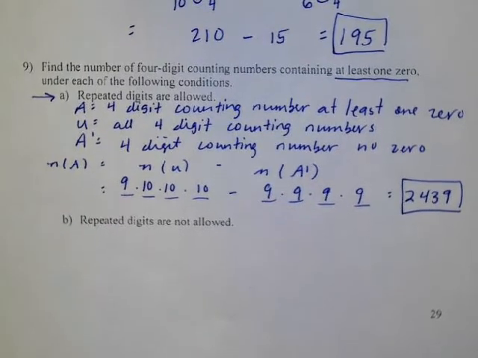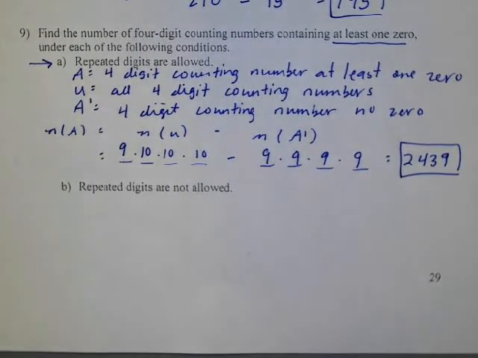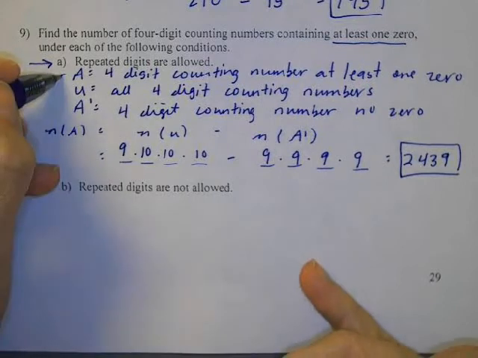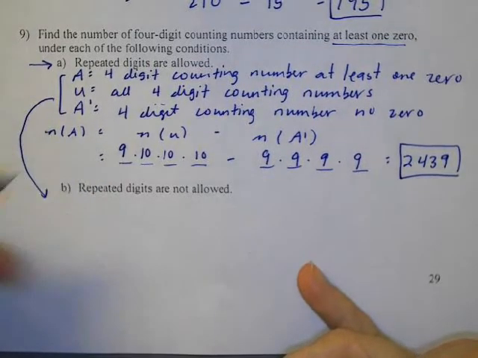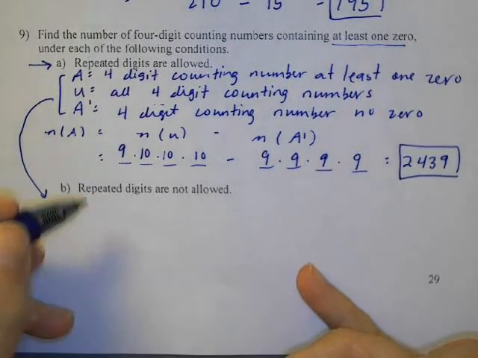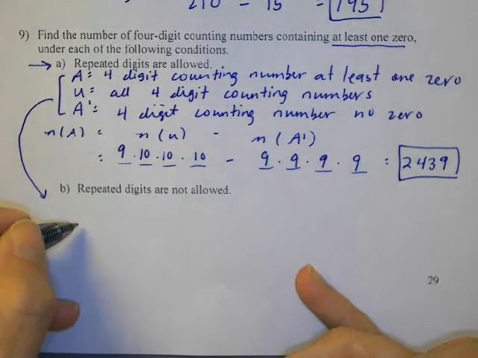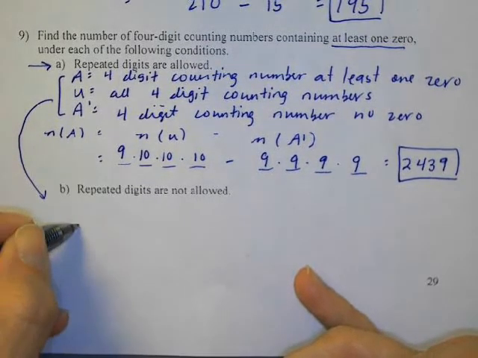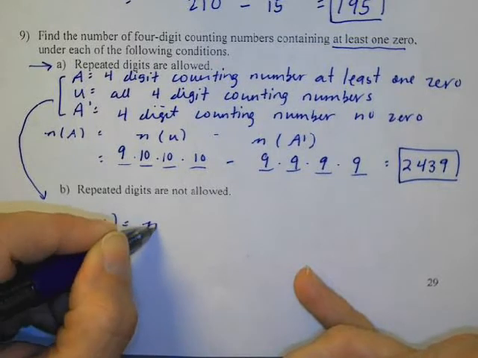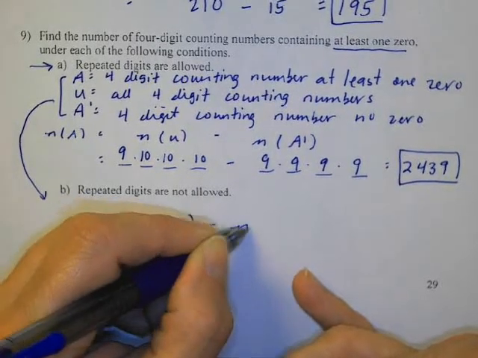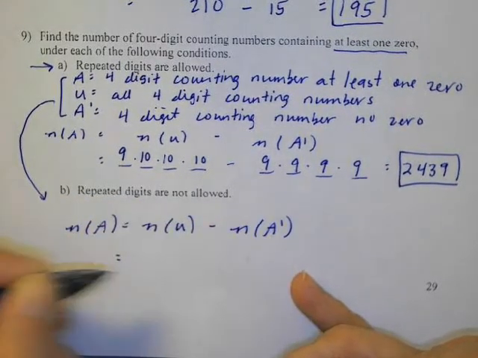B says repeated digits are not allowed. So that doesn't change A, U, and A prime. They're the same. But it does change the numbers that we are allowed to write on our dashes. So n of A equals n of U minus n of A prime.